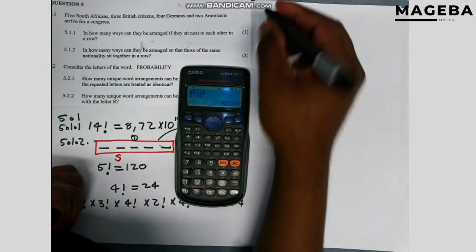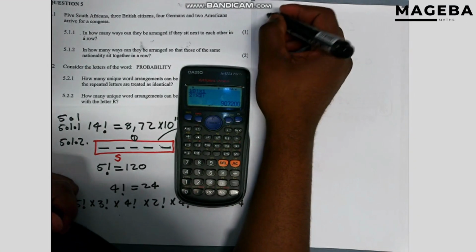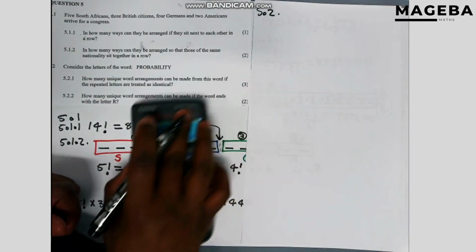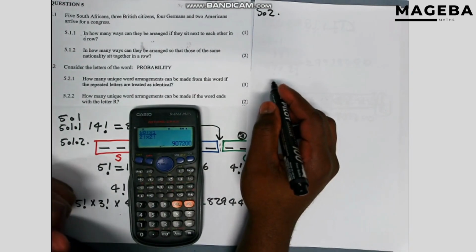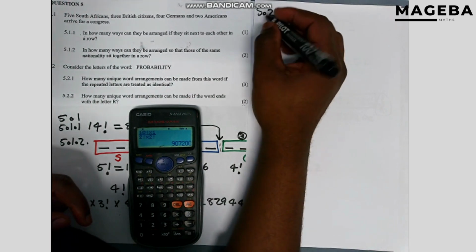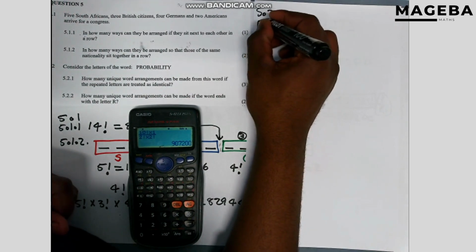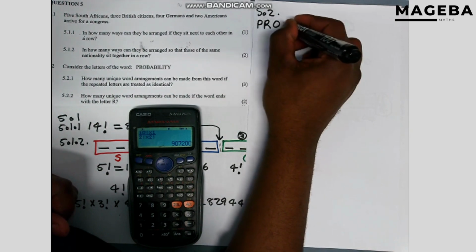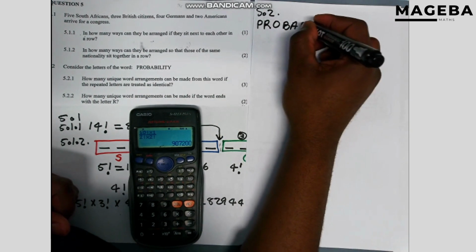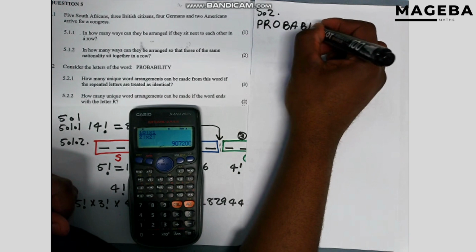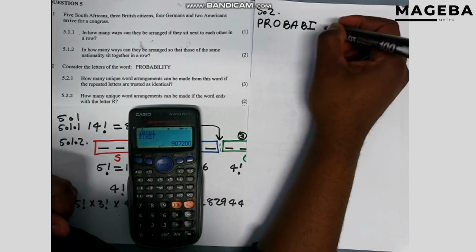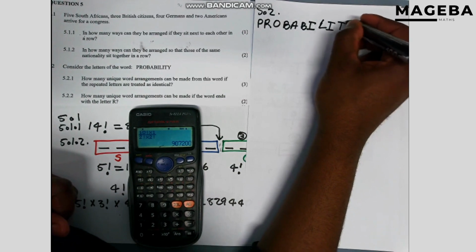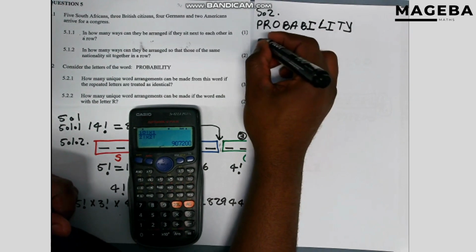Okay, now going to 5.2, which says consider the word PROBABILITY. Let me write down this word. Then let's go to the question.